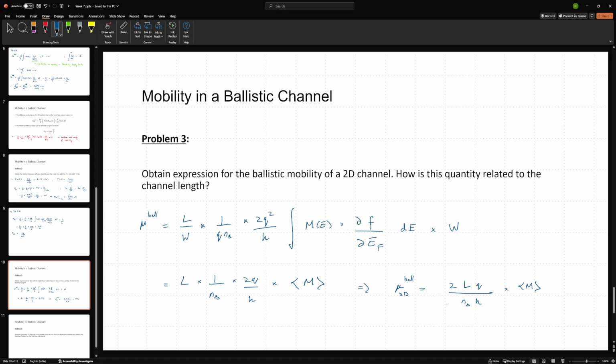But what we should notice is that even though the mobility seems to be increasing with L, the conductivity will drop, because I will need to include my transmission coefficient here. I have taken only the ballistic limit where T of E is equal to 1.